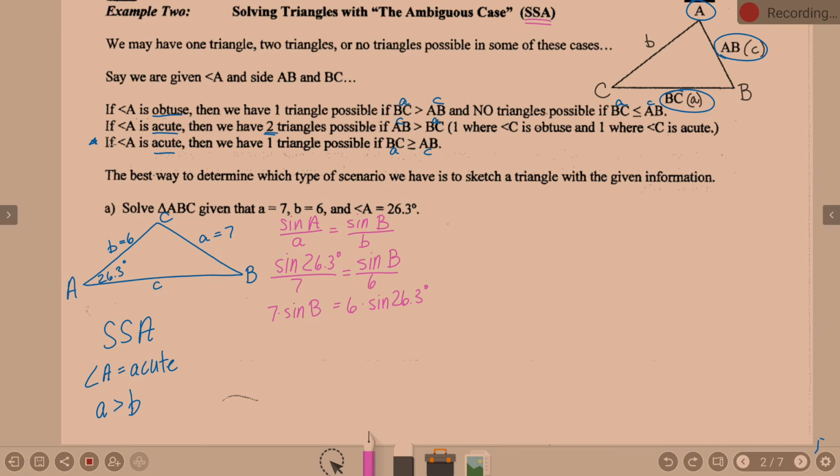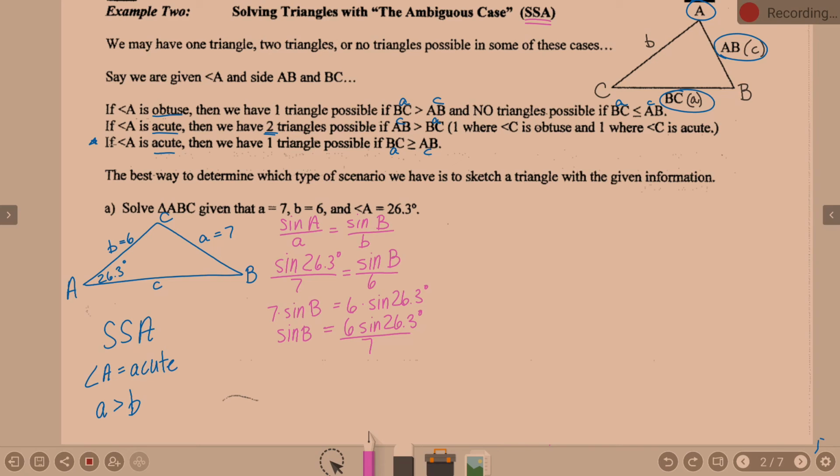And then mathematically, what would you do next? Okay, we're trying to get B by itself, which at this point means I'm trying to get sine of B by itself. So we're going to divide by 7. So sine of B is going to be equal to 6 times the sine of 26.3 degrees divided by 7.